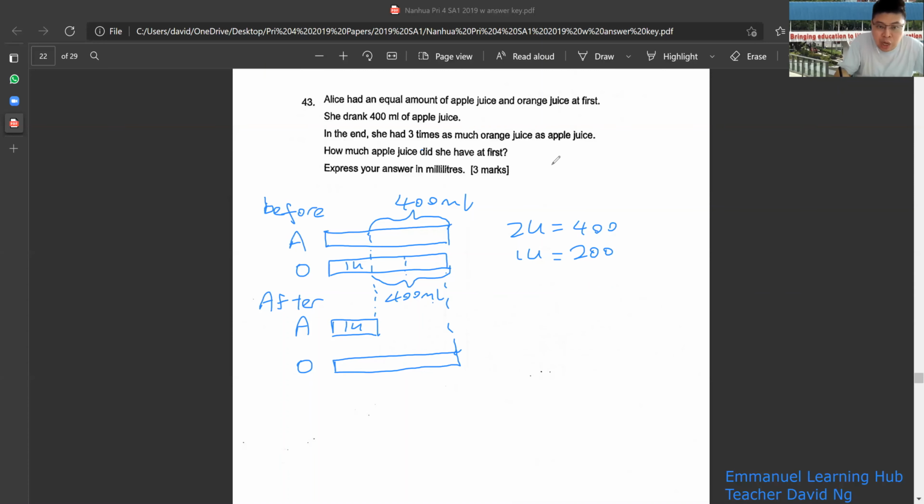So how much apple juice did she have at first? She has 200 ml of apple juice at first.